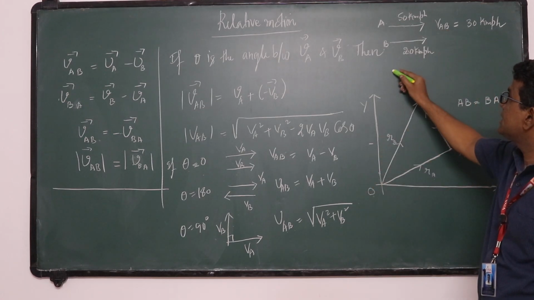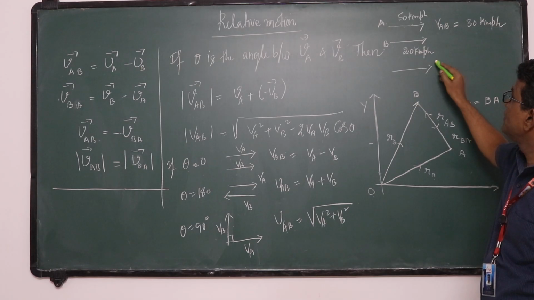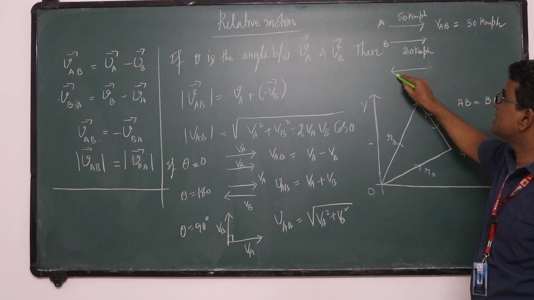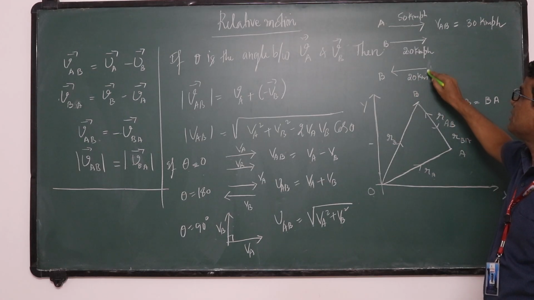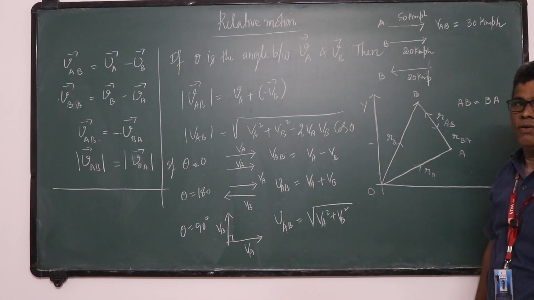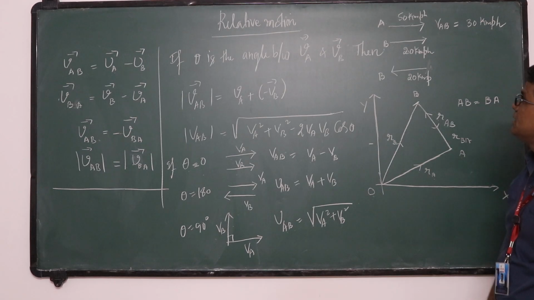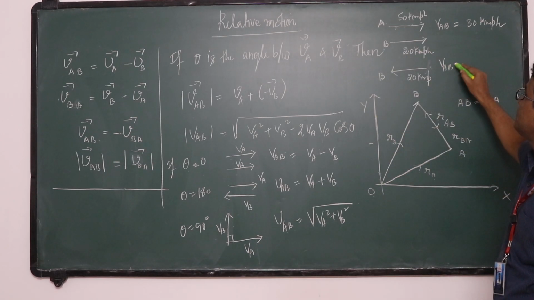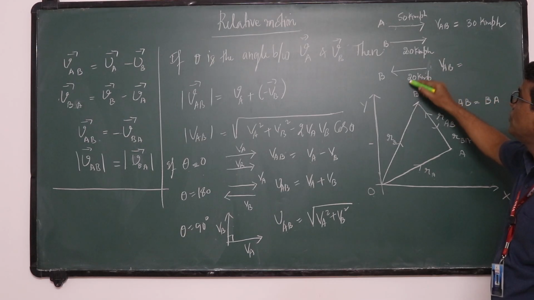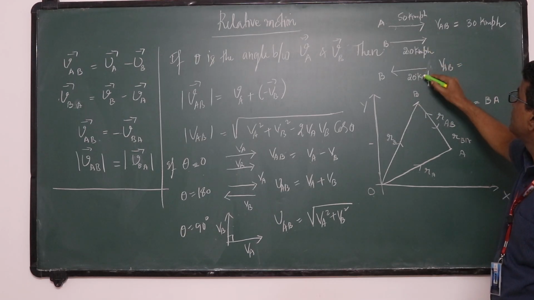Let us take another example. B is moving in the opposite direction with 20 kilometers per hour. The same passenger A, how does it appear for B now? So what is the relative speed?